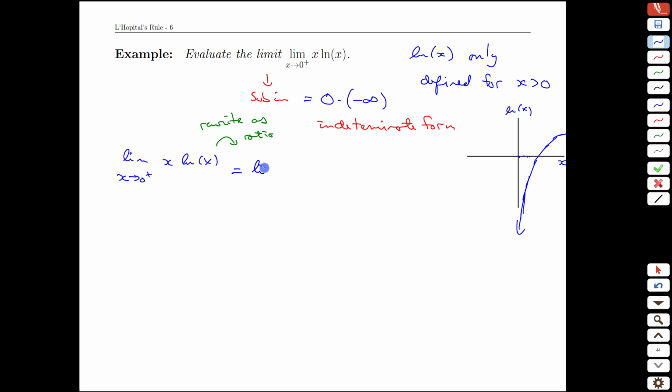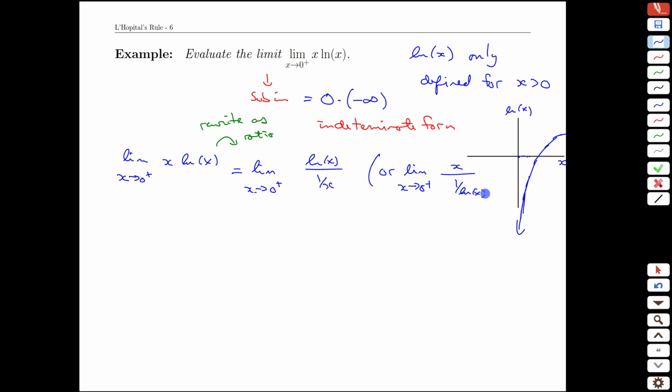There's pretty much two ways to do this for this example. One is to keep the ln of x on top and then write the other part, the x, as 1 over 1 over x. When we tidy all of that up, it's exactly the same as x itself. You could also have done the limit as x goes to 0 from the right of x over 1 over ln of x.